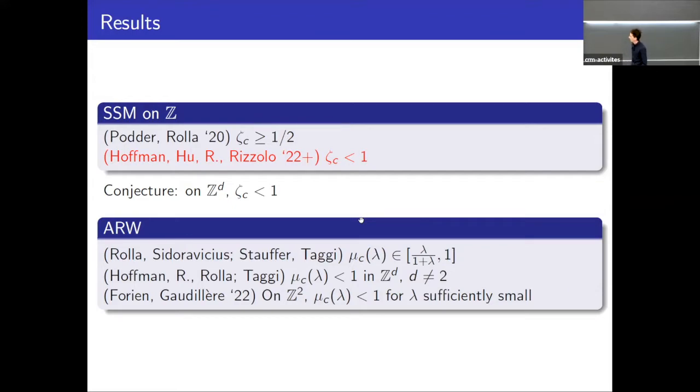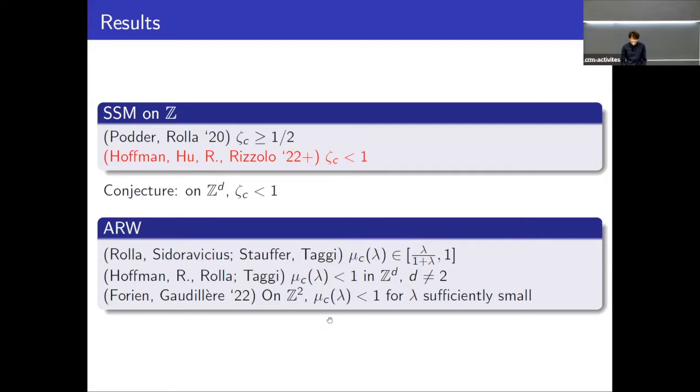So a lot more was known about activated random walk. I don't want to talk too much about these results, just to say that we do know something about this critical density. It's at least lambda over 1 plus lambda. So we know something about the relationship between the critical density and lambda.